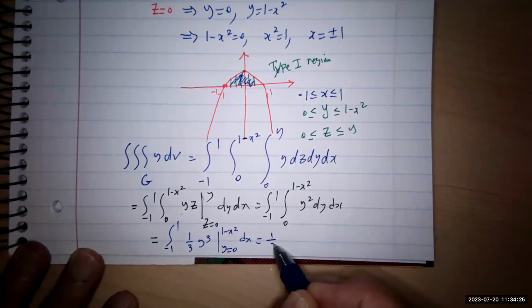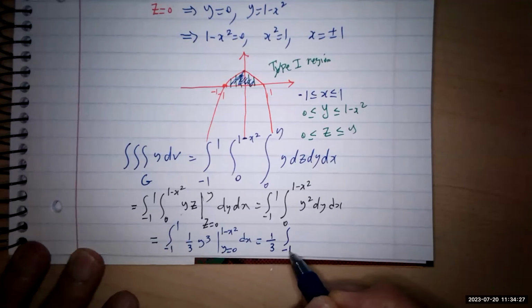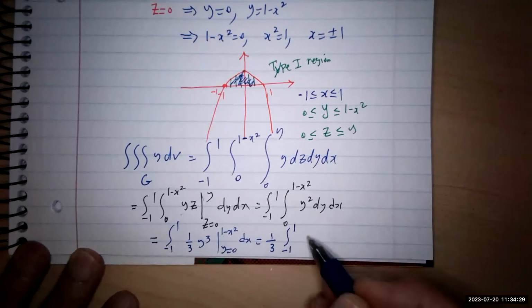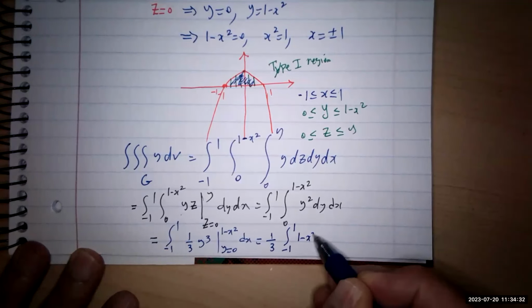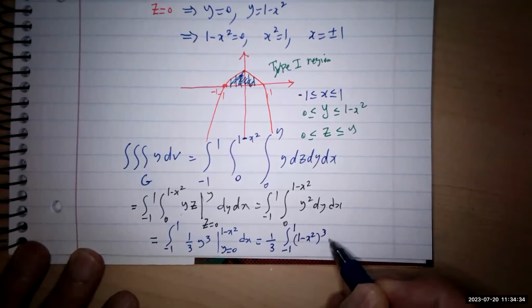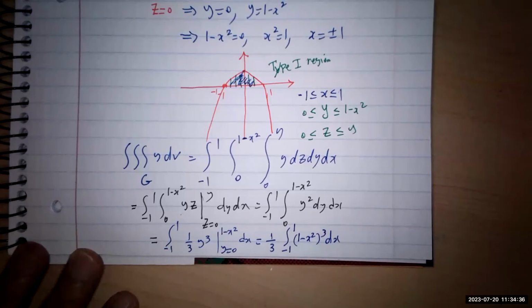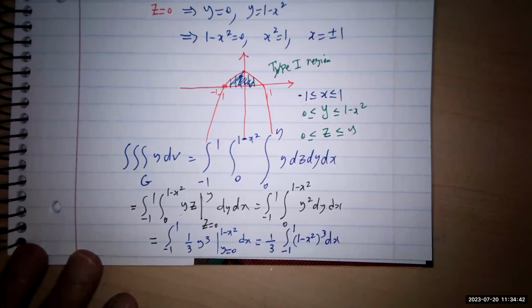It's going to be 1/3 integral from negative 1 to 1, and when you substitute, that gives you 1 minus x squared, all cubed, dx. You have to cube it to get this. If you know the cube of a binomial, you do it. Otherwise, you multiply it to get these numbers.